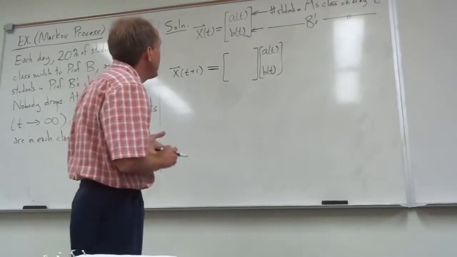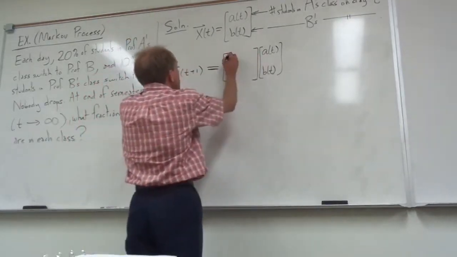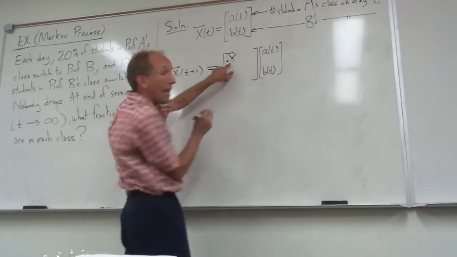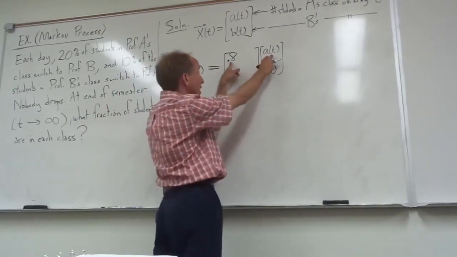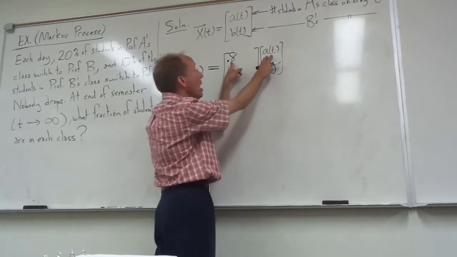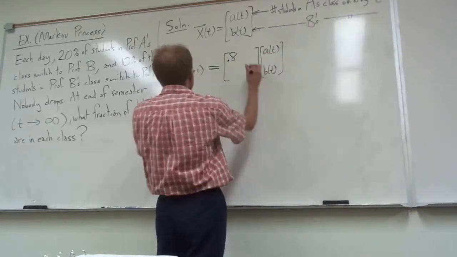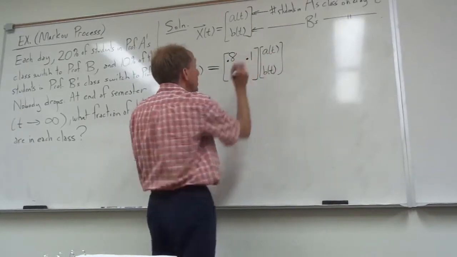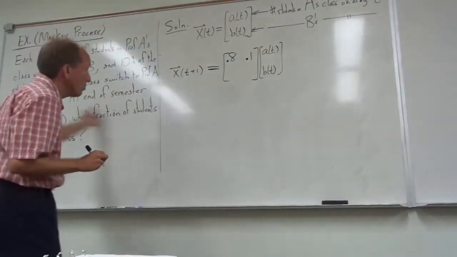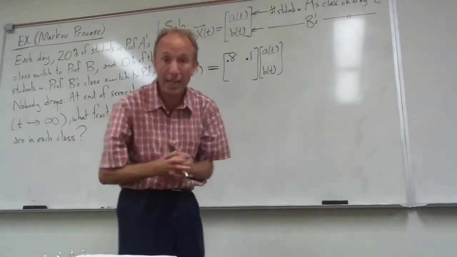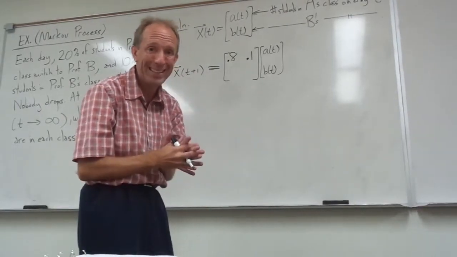Well, the truth of the matter is that Professor A is going to keep 80%, that's 0.8, of however many students he has today; he will still have them tomorrow. Plus, he's going to pick up 10% of Professor B's students, because 10% of Professor B's students are going to switch into Professor A's class tomorrow.